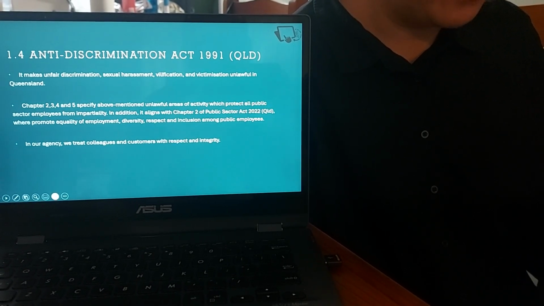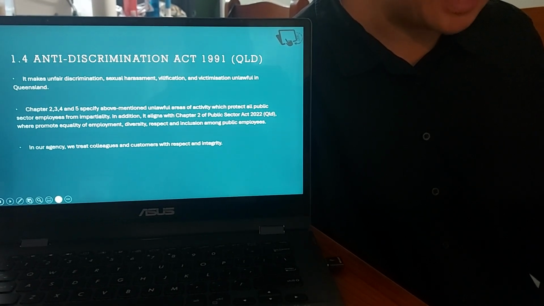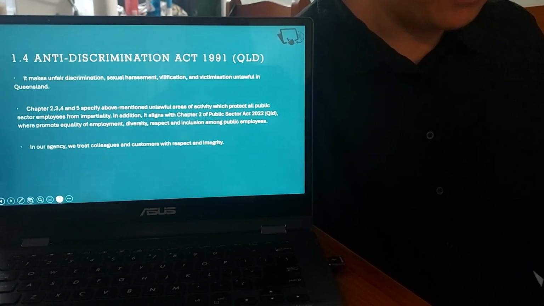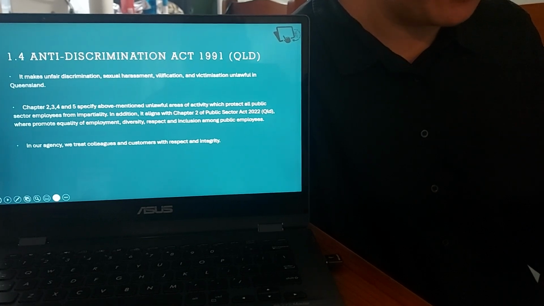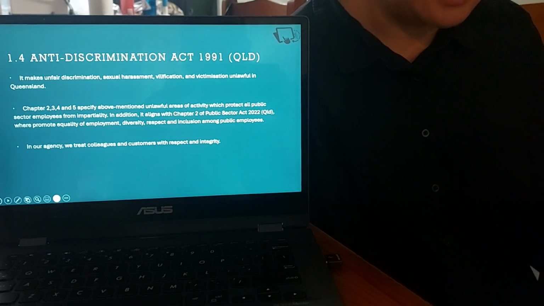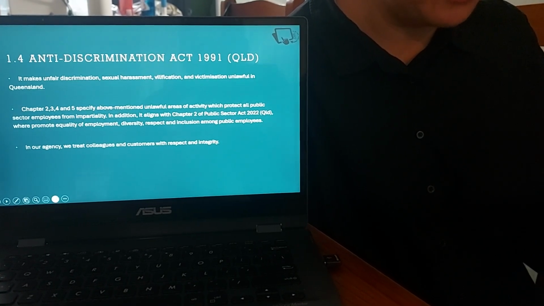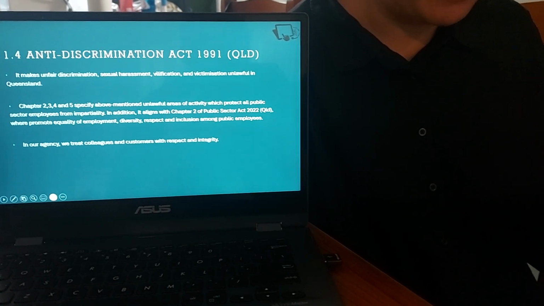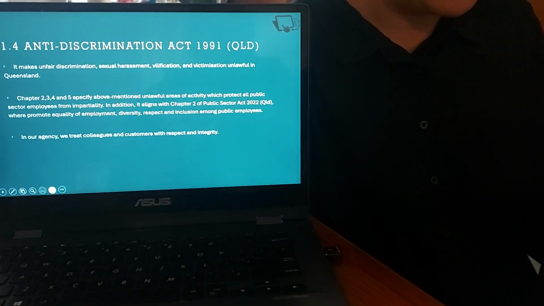Chapters 2, 3, 4, and 5 specify the above-mentioned unlawful areas of activity which protect all public sector employees from partiality. In addition, it aligns with Chapter 2 of the Public Sector Act 2022, Queensland, which promotes equality of employment, diversity, respect, and inclusion among public employees.